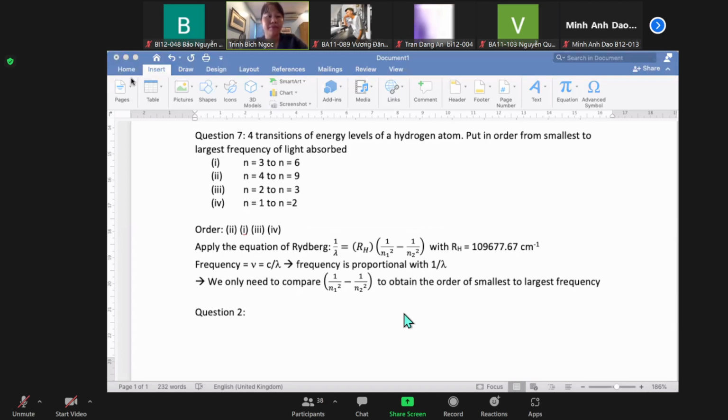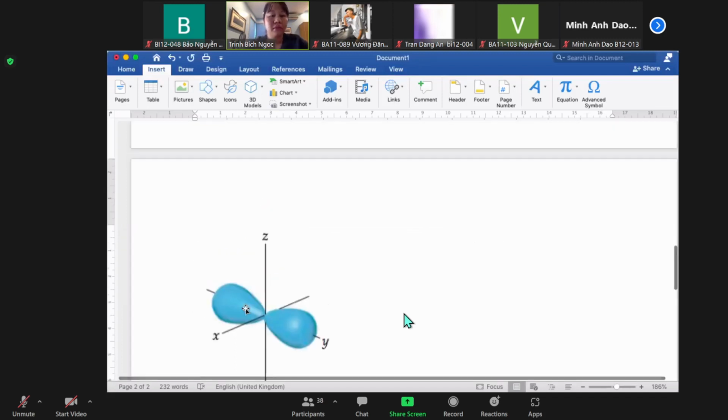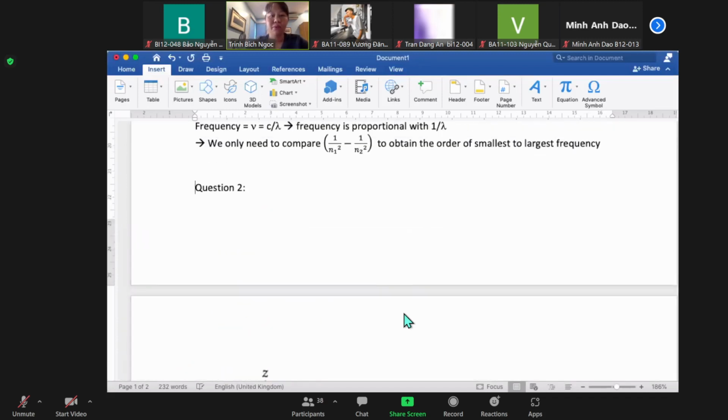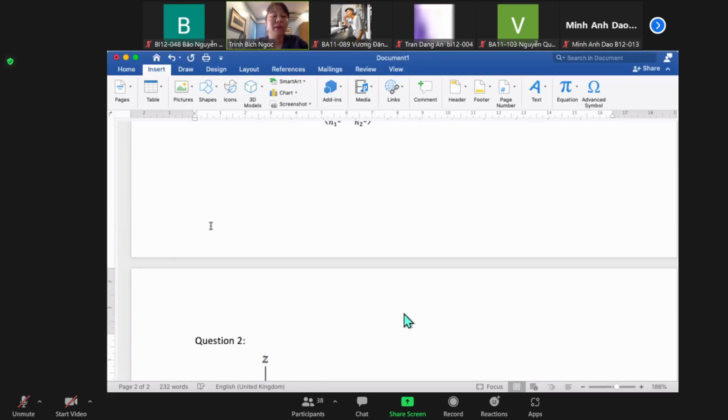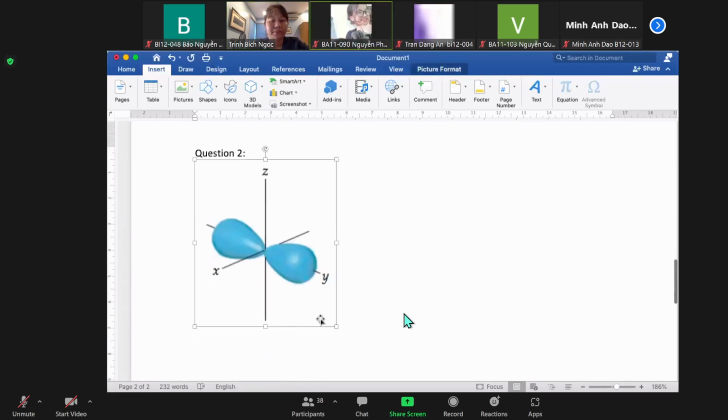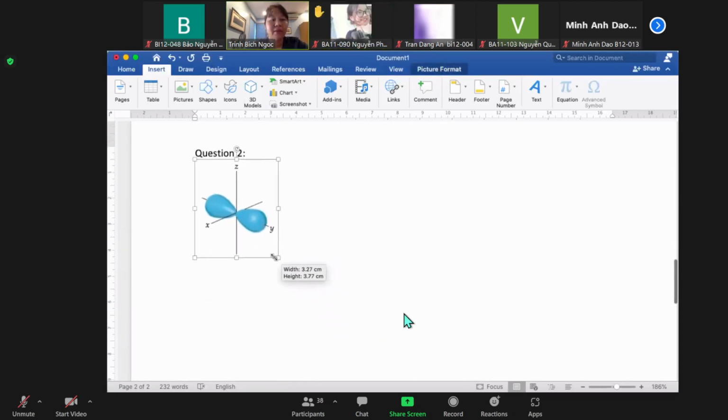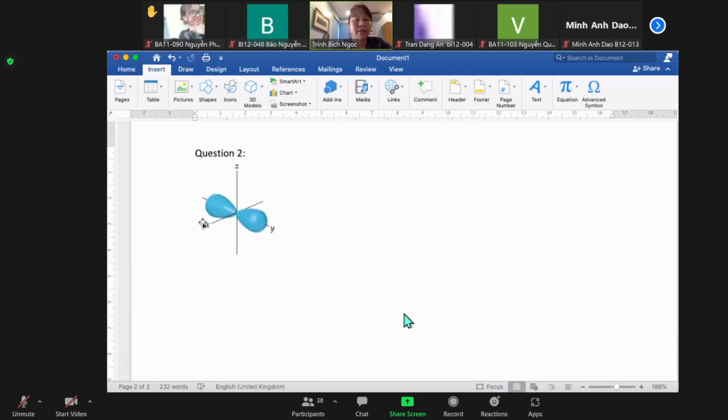Like this. Okay, we pass to another page. This orbital has a form like this, okay, for the shell n equal to 3. And then you need to identify the quantum number L.